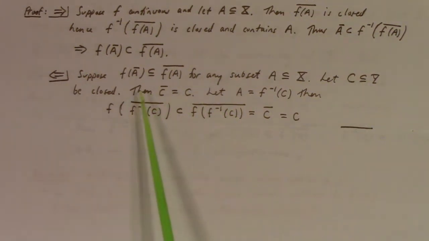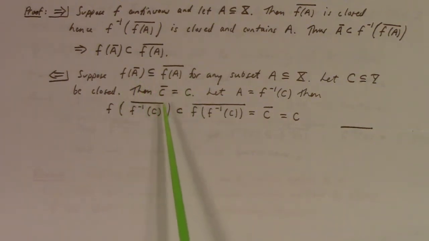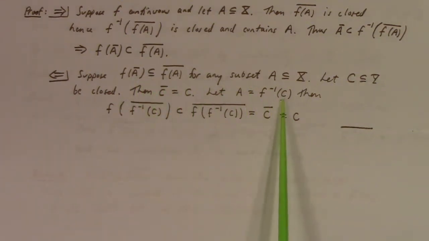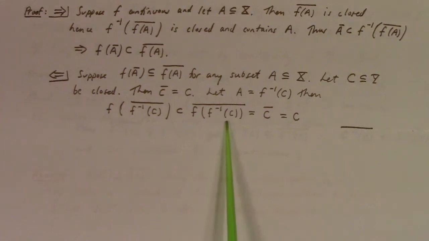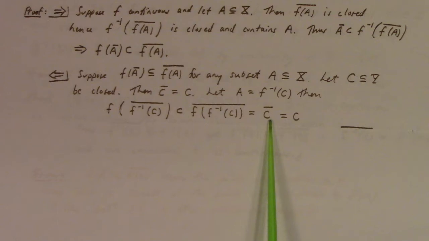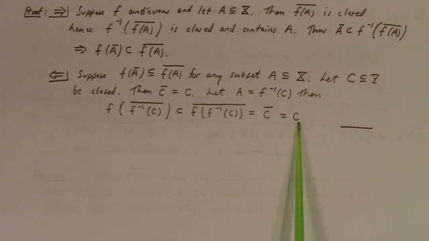I'm using the assumption right here in the case that A is equal to f inverse of C. But this is just equal to the closure of C again, which by the way is equal to C. So what's that show us?